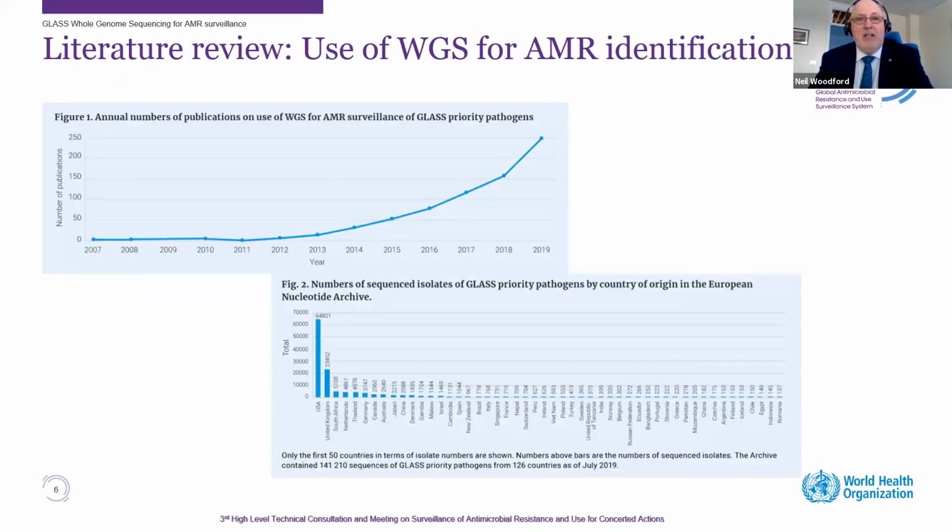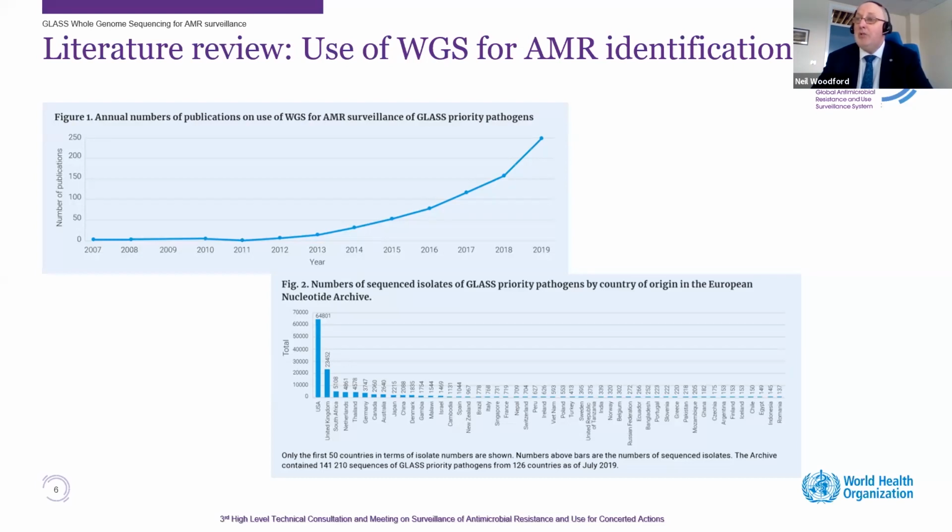So these figures, again taken from the latest report, just show how numbers of publications on the use of WGS for AMR identification have begun to increase dramatically since 2013. And also in the lower graph, the skew, the bias towards the countries that are depositing these sequences into archives.